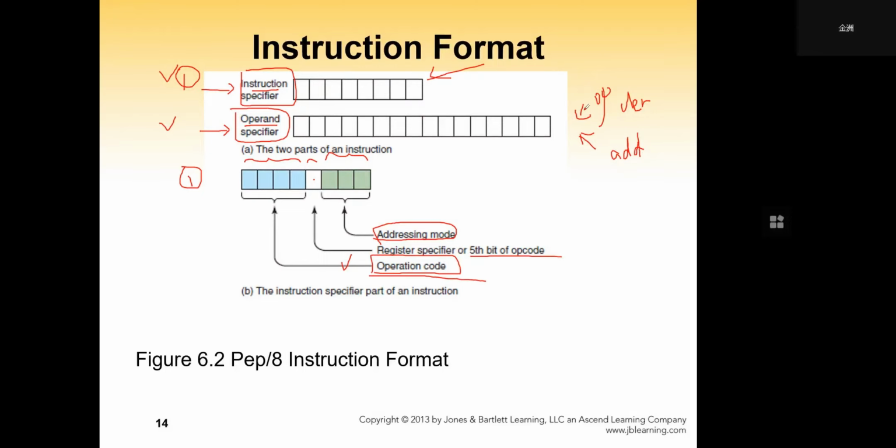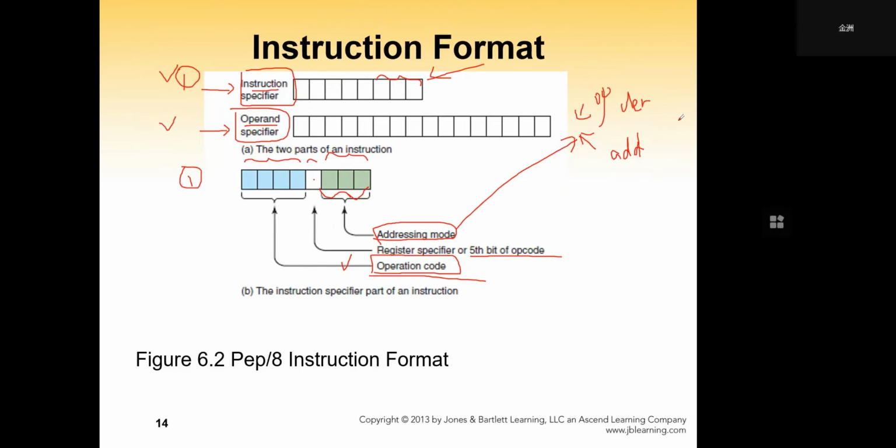So how could we know whether it is the operand directly, or the address of where the operand is supposed to be? We need an addressing mode defined here to tell you what addressing mode it is. So this is a simple construction of the instruction format.